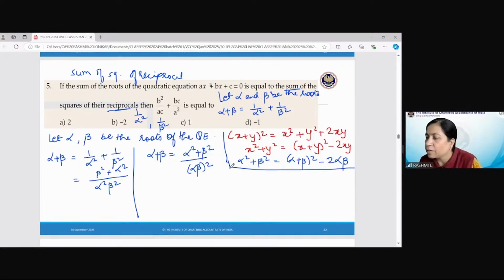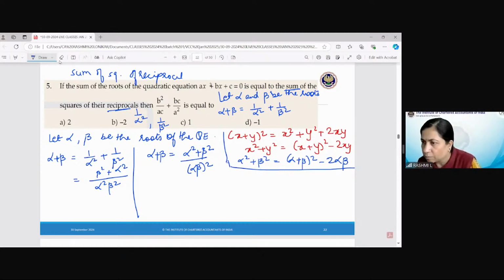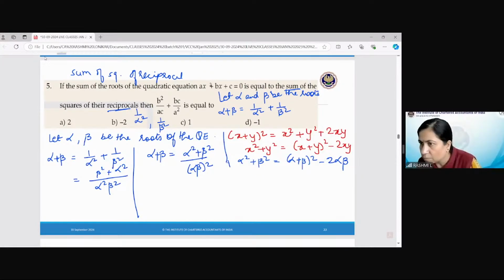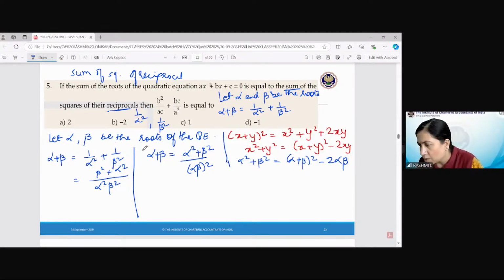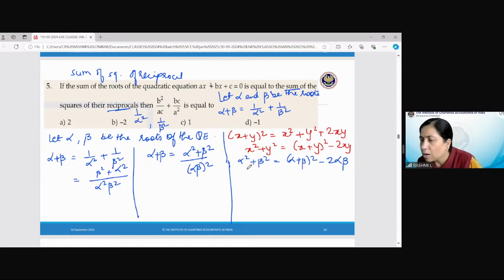Now, what is this? Alpha plus beta is sum of roots square. And what is this? 2 into product of roots. Now let us see. How much is my sum of roots?